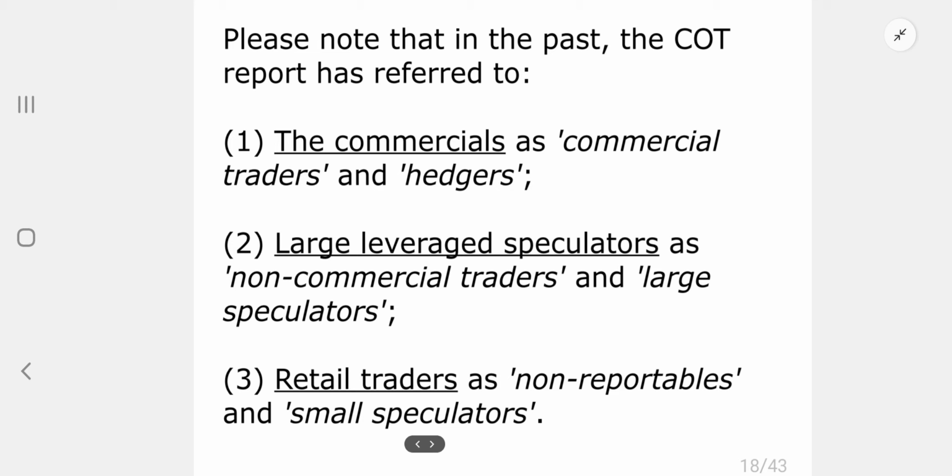Please note that in the past, the COT report has referred to, number 1, the commercials as commercial traders and hedgers. Number 2, large leverage speculators as non-commercial traders and large speculators. And number 3, retail traders as non-reportables and small speculators.